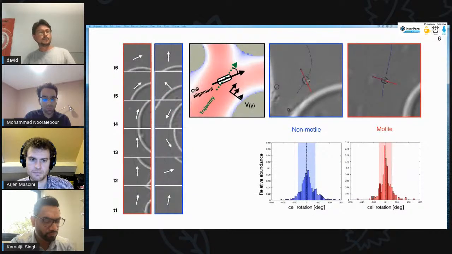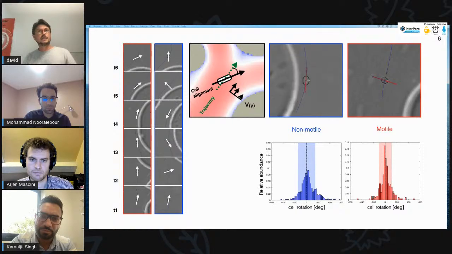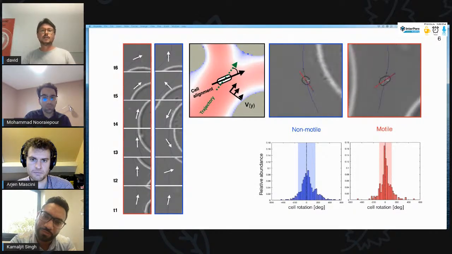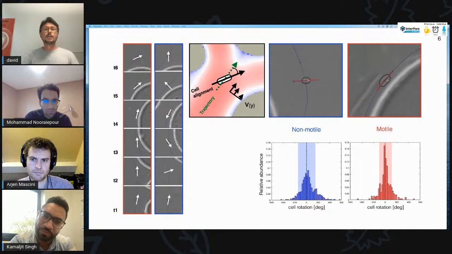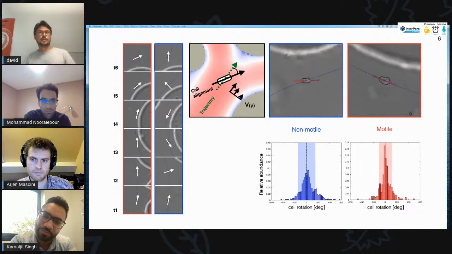In this disordered flow, bacterial cells exhibited a rotation while being transported. While the non-motile ones passively rotated by means of the flow shear they experience, interestingly, motile cells reoriented themselves along the flow trajectory.